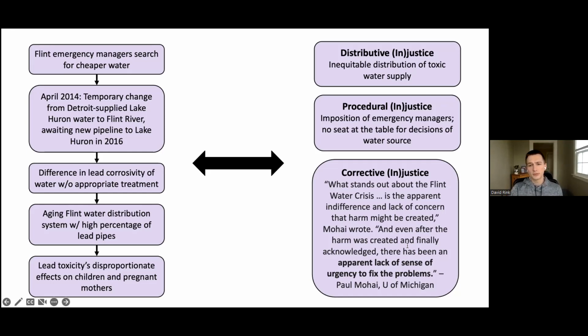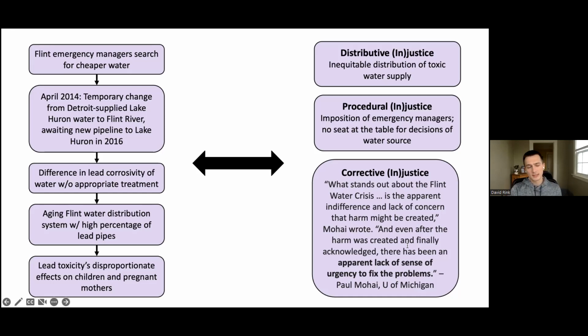The second would be procedural justice, in which the right to treatment as an equal is not so much equal distribution of some good or opportunity, but equal concern and respect in the decisions about how these goods and opportunities are distributed. And that was violated with the imposition of emergency managers, which didn't allow for citizens to have a seat at the table.